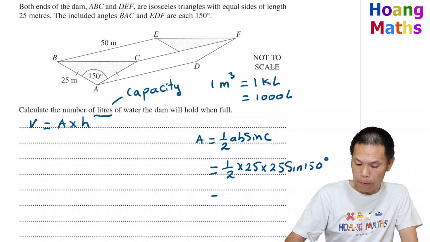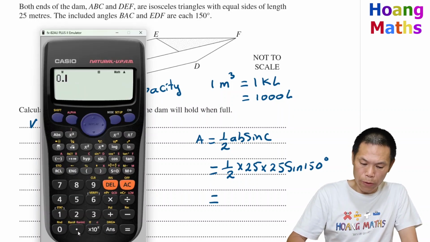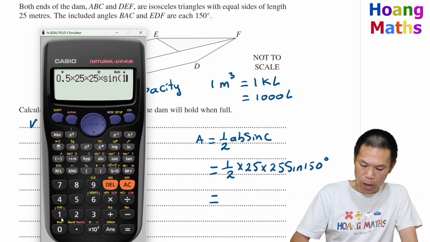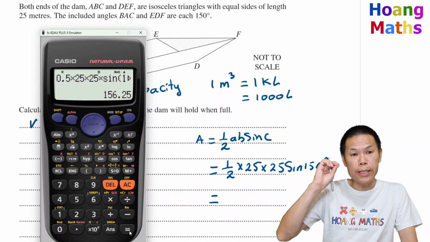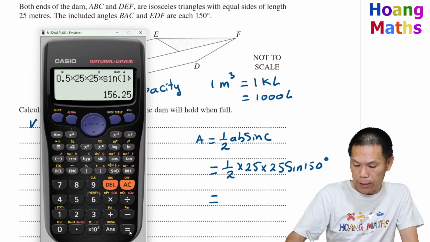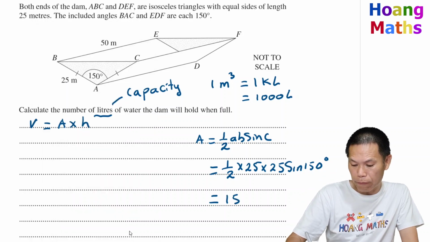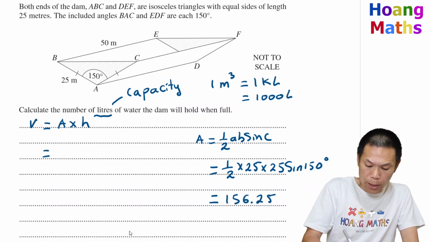So 0.5 times 25 times 25 times sine 150 gives 156.25.